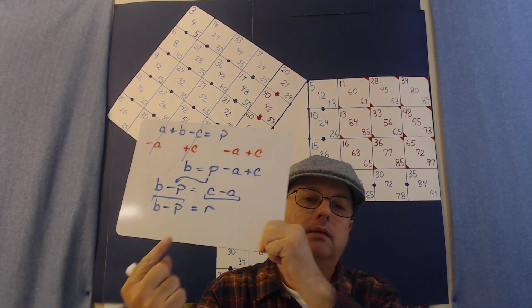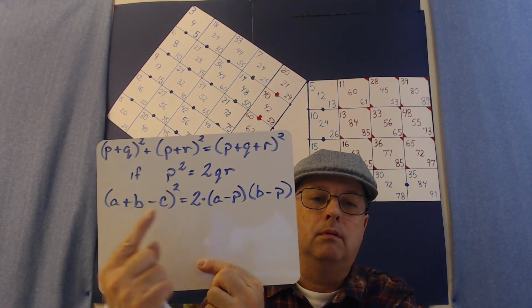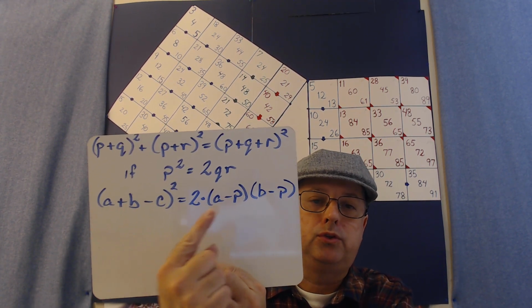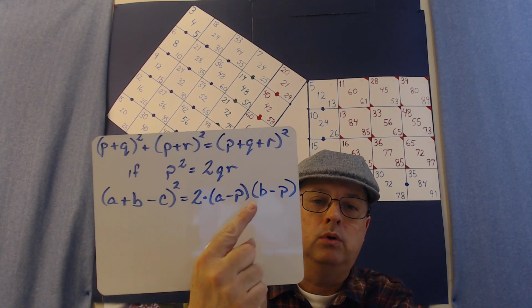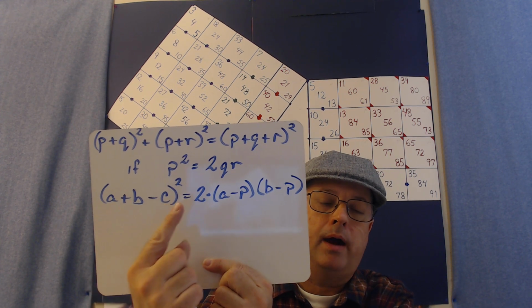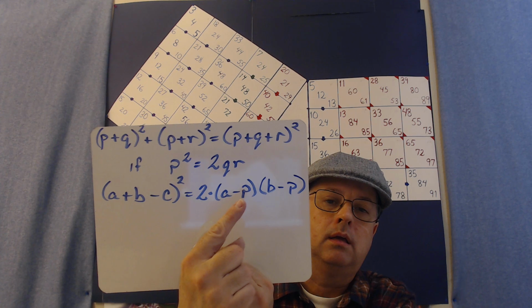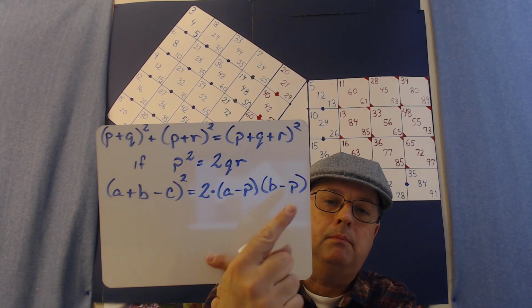Right here. B minus P. All right, so we have P squared equals 2 times Q times R. The way to find P is to say A plus B minus C, and the way to find Q is to say A minus P, and the way to find R is B minus P.